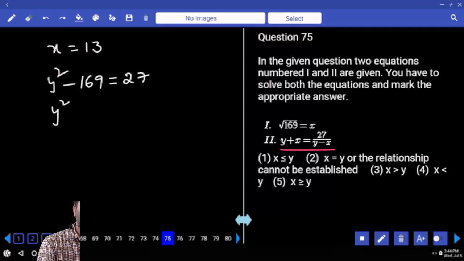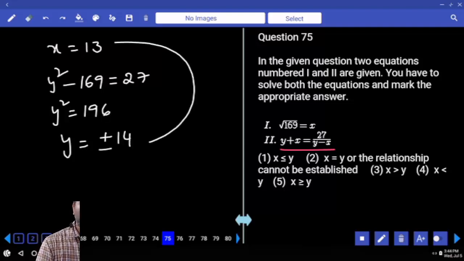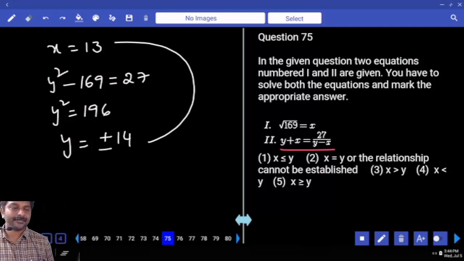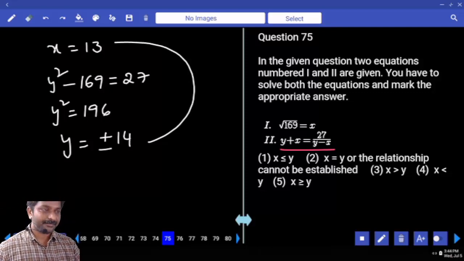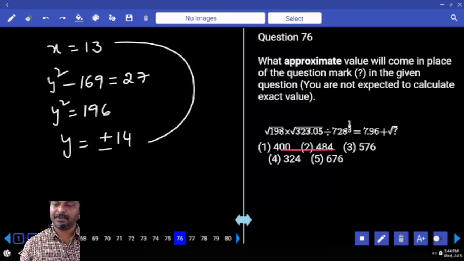Y square is equal to 196. Y is equal to plus or minus 14. 13 lies in between plus 14 and minus 14. Relation cannot be established, right? For y we will get positive negative factor. For x there is only one positive factor. Okay now? Right. I hope you can answer remaining questions.